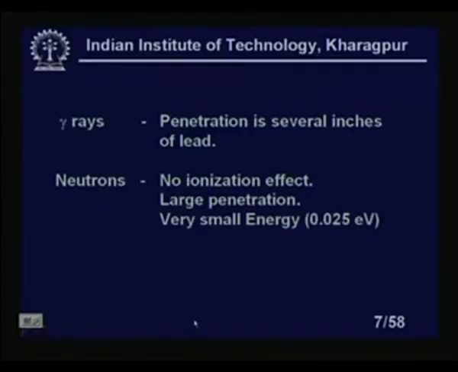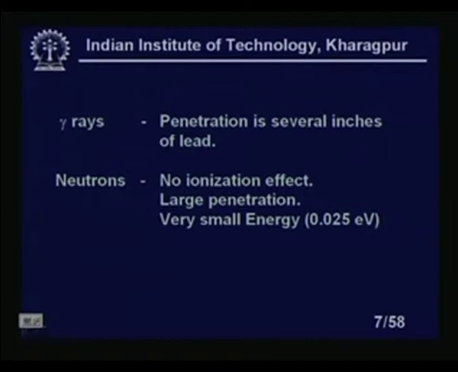Only gamma rays can penetrate several inches, but if you use thicker lead, gamma rays also cannot penetrate it. Neutrons are a different source. They have no ionization effect, they have large penetration and a very small energy, 0.025 electron volt. You can see how small it is.